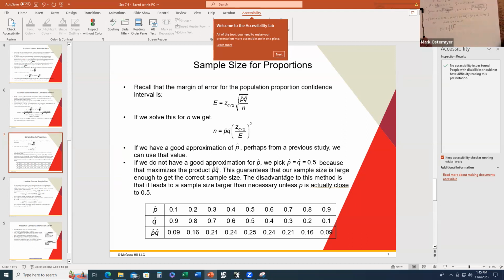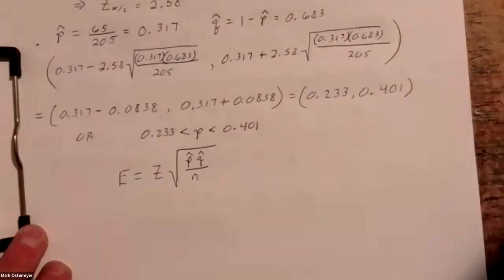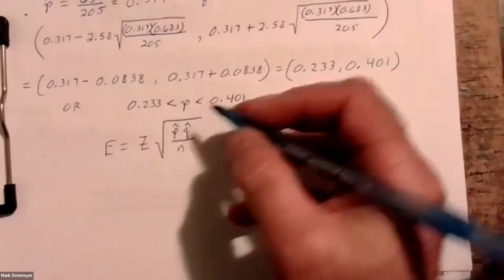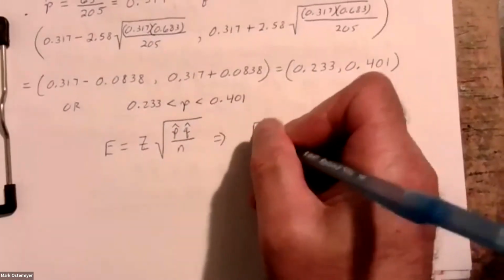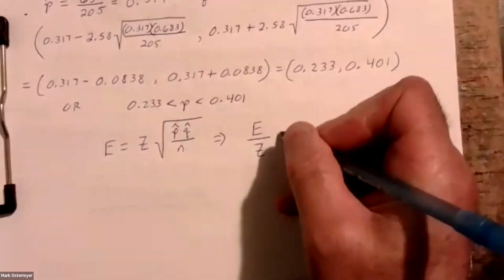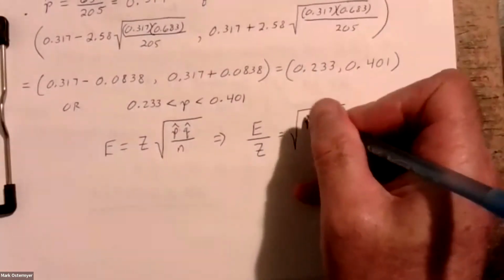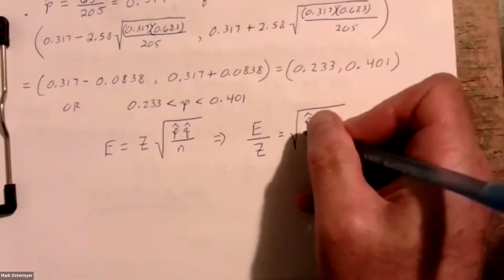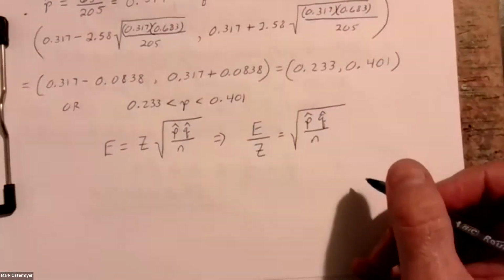Let me show you how to manipulate this formula and solve it for the variable n here. First of all, I'm going to divide both sides by z, in which case I will have E divided by z is equal to the square root here. Now, how do we get rid of a square root? We square it.